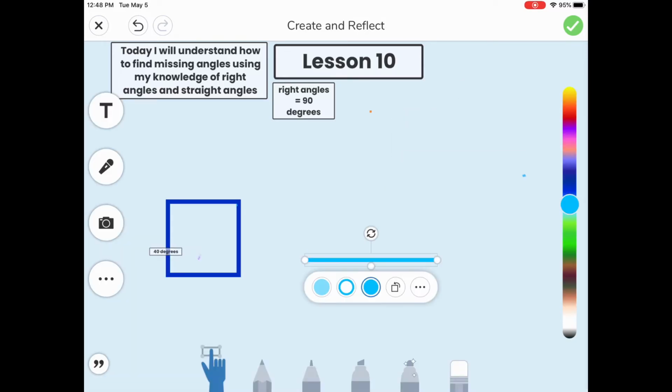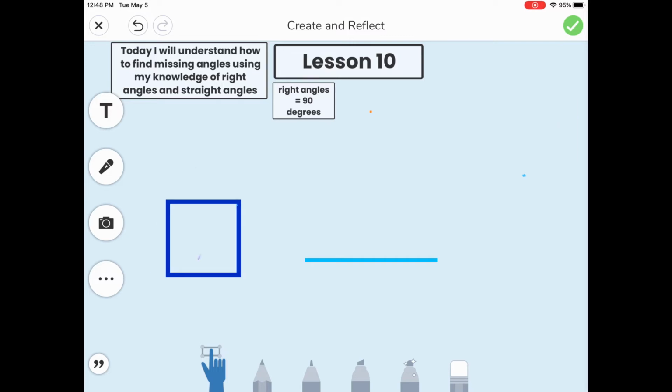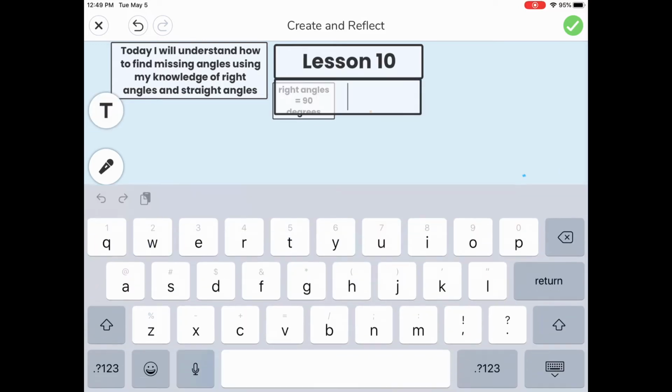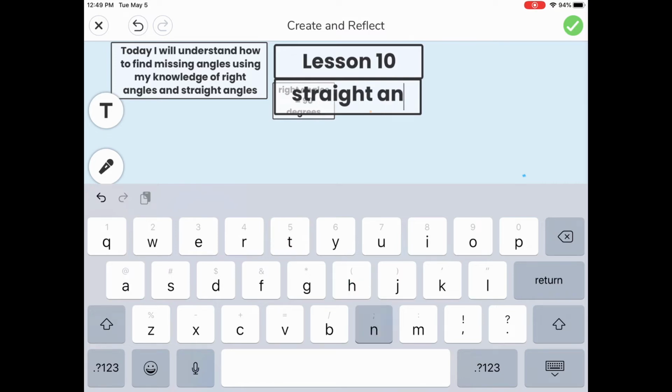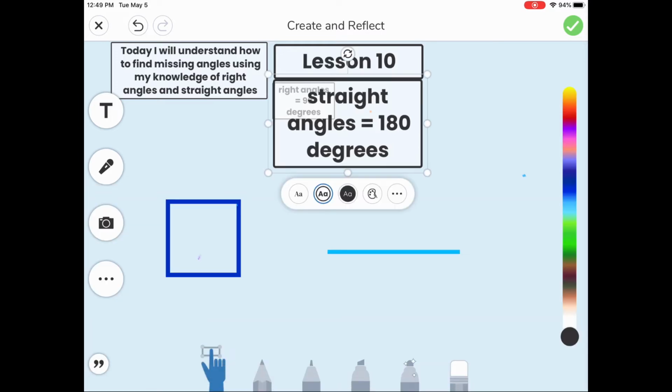Sometimes we might have what is called a straight angle. This line is going to help us represent the straight angle. Straight angles equal 180 degrees. Let's say this together. Straight angles equal 180 degrees.